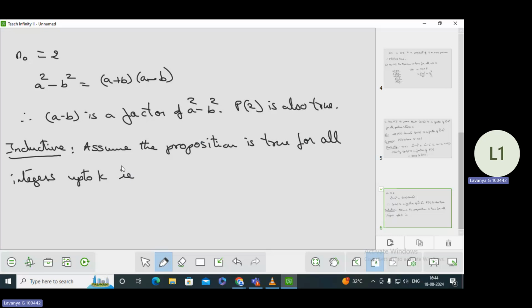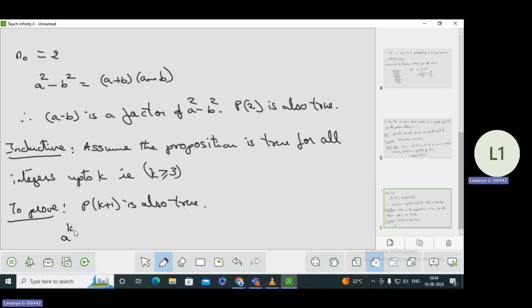That is, I have tried for 1 and 2. I want to try for k greater than or equal to 3. Now, what I have to prove? I have to prove P of k plus 1 is also true. This is what I need to show.